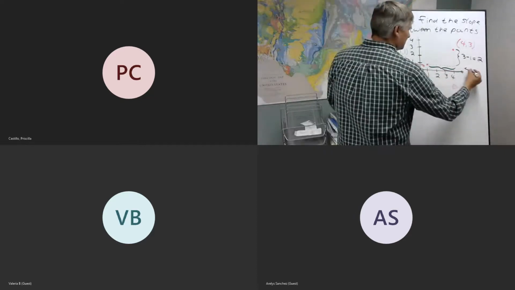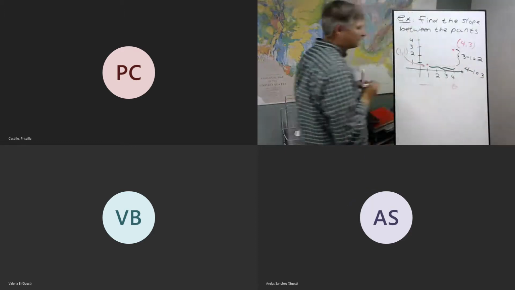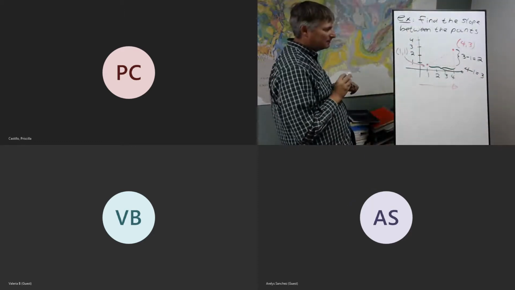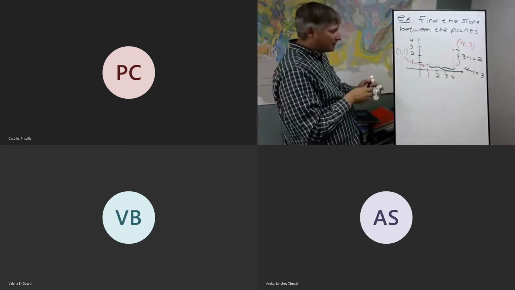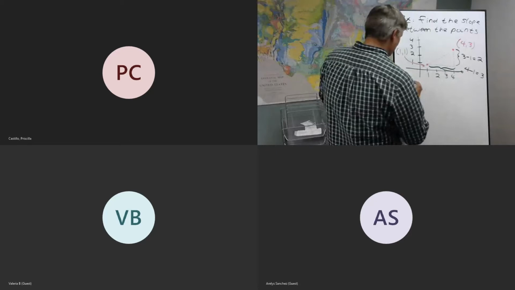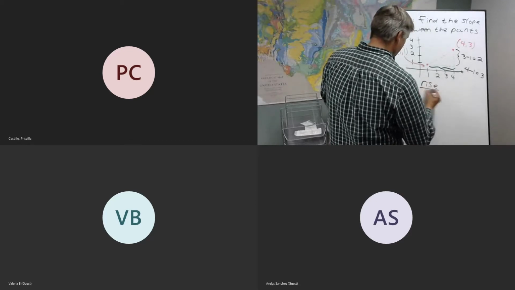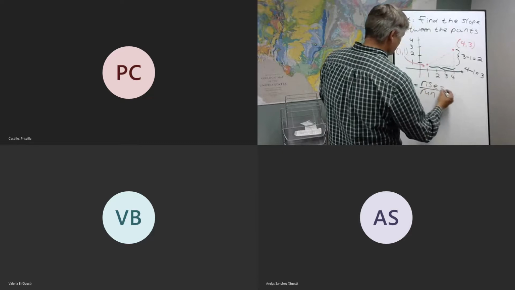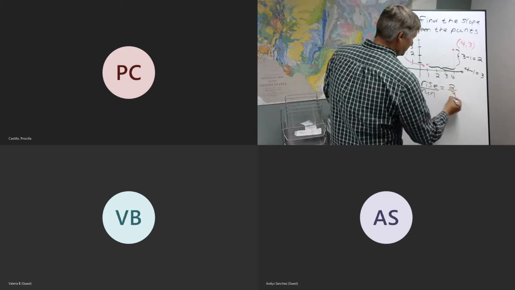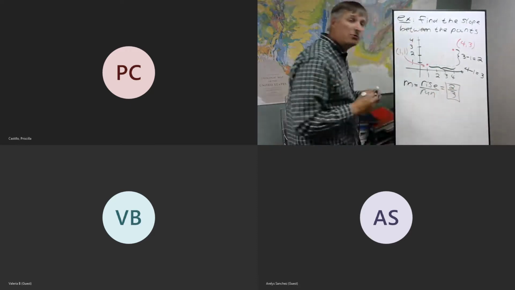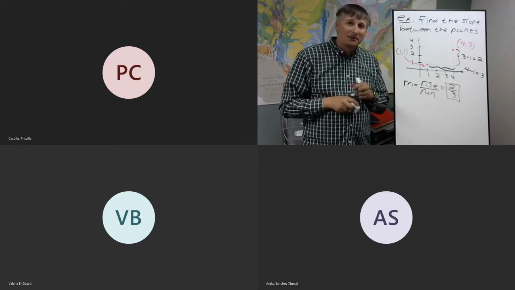So this will be 4 minus 1, or 3. So now we consider a rise over run, because now we do have a rise. Well, the rise is 2. The run is 3. So 2/3 is our slope. Questions about that?